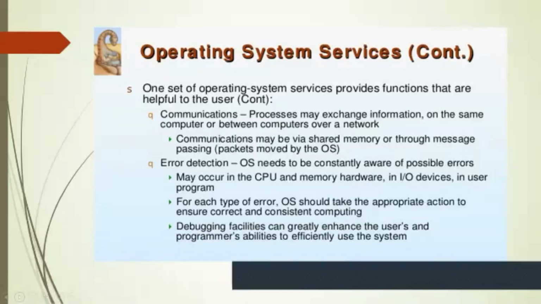Errors may occur in CPU and memory hardware, in I/O devices, and in user programs. So the operating system needs to identify that error. For each type of error, the operating system should take the appropriate action to ensure correct and consistent computing. That is very important.